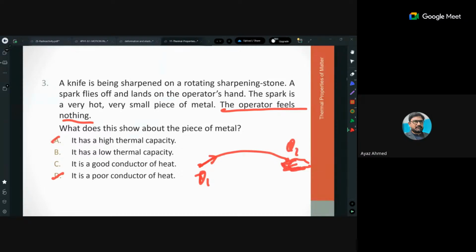So if it has a rapid decrease in temperature, that is why it is not damaging the operator's hand. Decrease in temperature, then fine. So can we say that it has less internal energy?